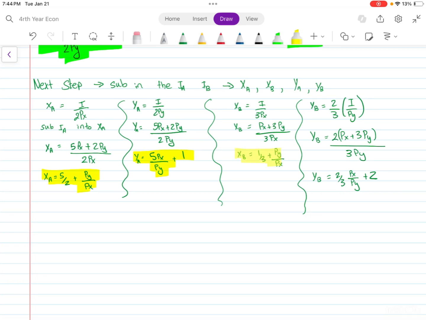And now we have all four terms where we subbed in the budget constraint for both Alex and Billy into the demand function.